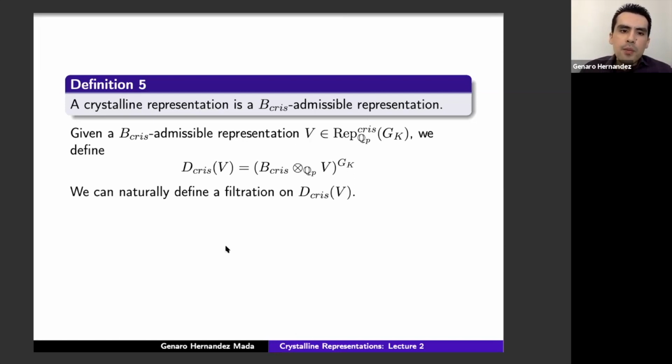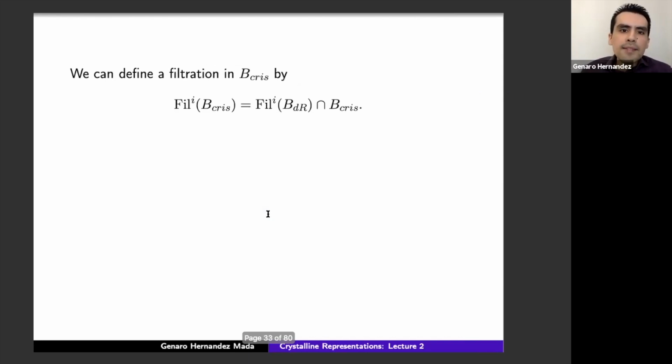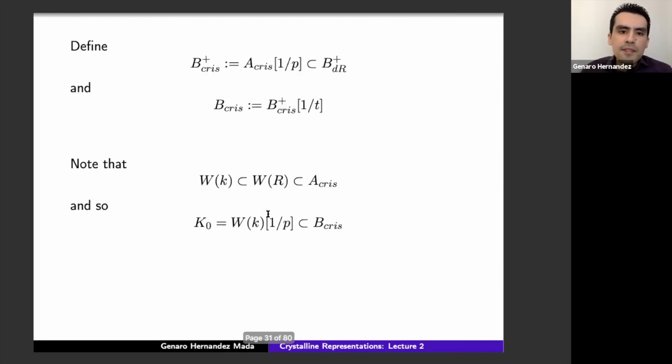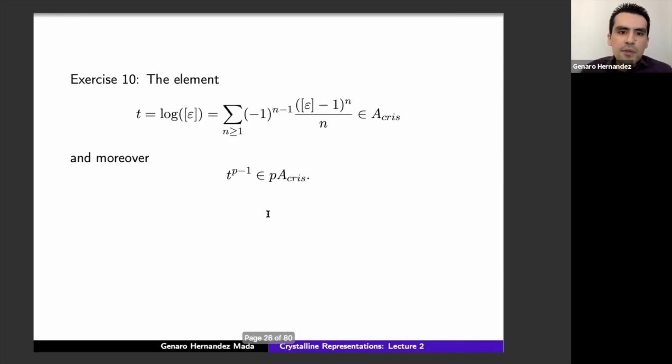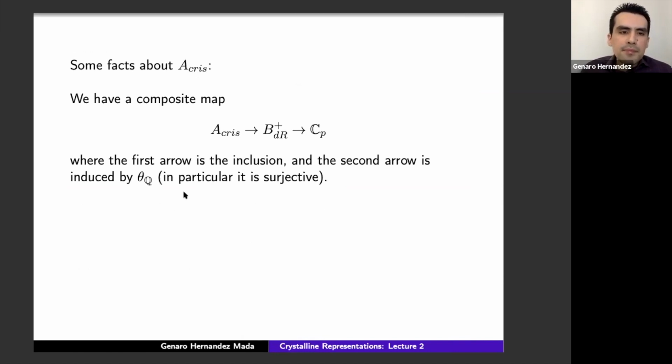And of course, we can define a filtration here just in the same way that we did for D dR. Why? Because B Cris has a filtration itself. So if you remember, let me go back. I'm sorry if this is stressful for you. Just give me a second.